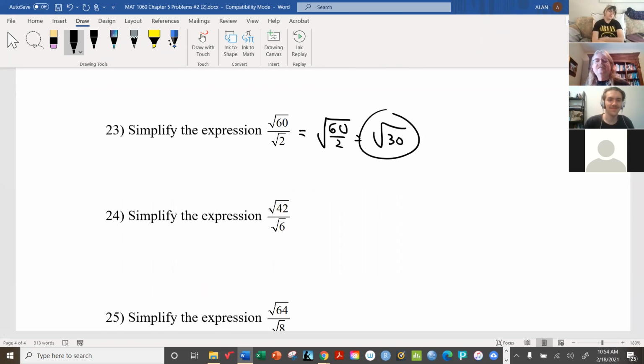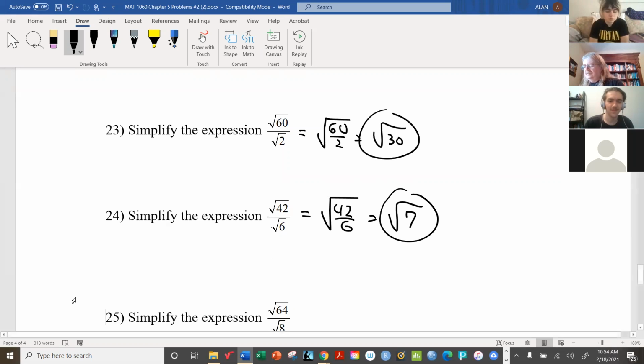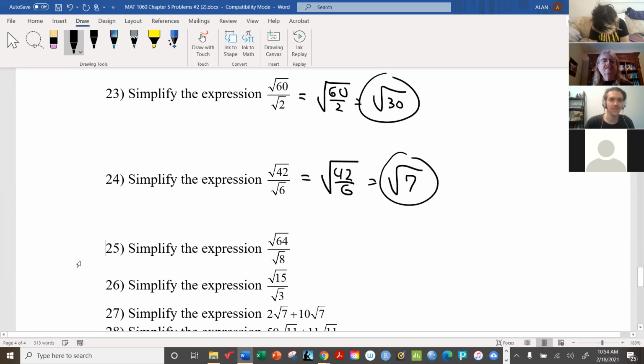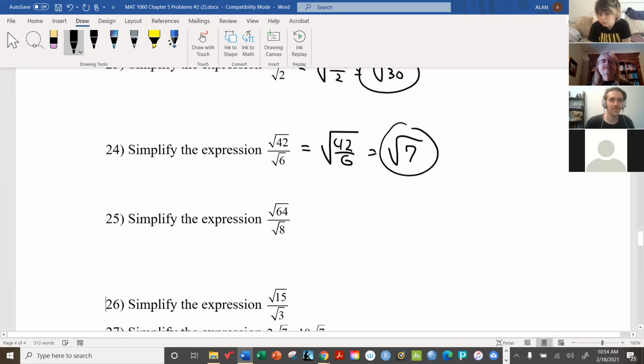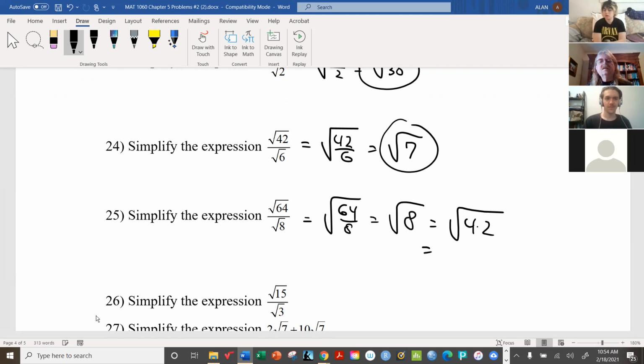Anyway, there you go. Now look at this one. Okay, this is easy because it's just radical 7. 7 is prime, and so we're done. Okay, now, how about this one? So when you combine them into a single expression, it's radical 8, but we're not done because this is 4 times 2.